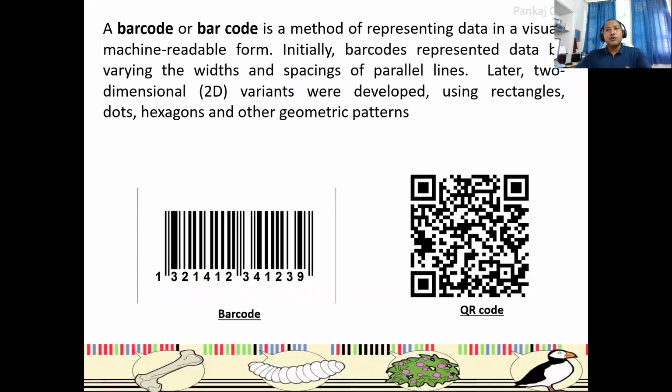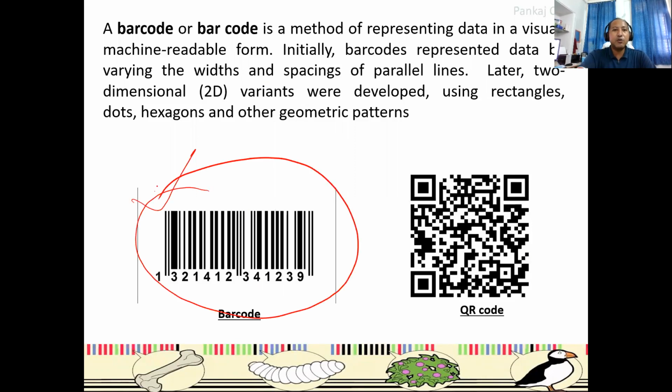Now, all of us know what a barcode is. A barcode is a method of representing data in a visual or machine readable form. Initially, barcodes represented data by varying the widths and spacings of parallel lines like this one.